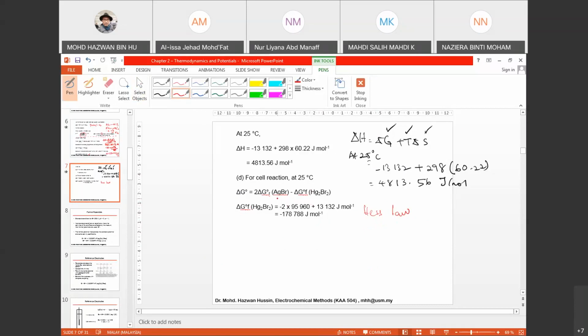So for example, in this case, if you remember the equation for the formation of the product, Hg2Br2 will give 2 AgBr plus 2 Hg.